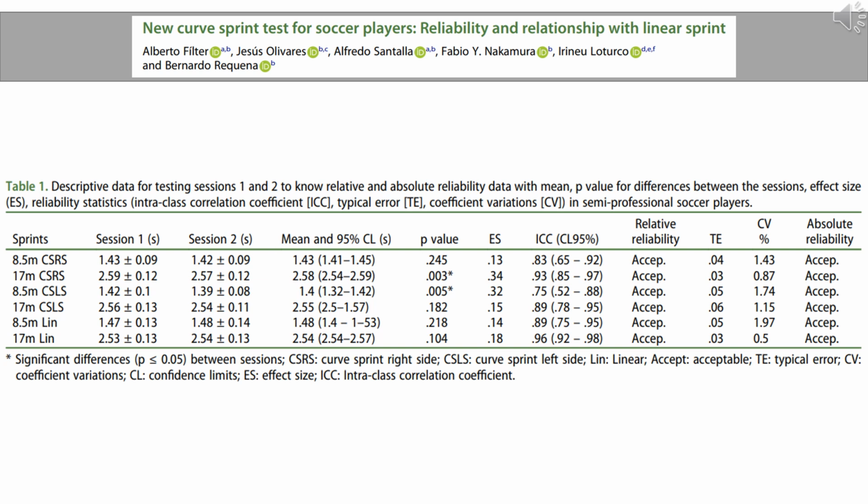So again, relative reliability ranging from good to excellent, and also with very, very low CV values, all values lower than 1.74.